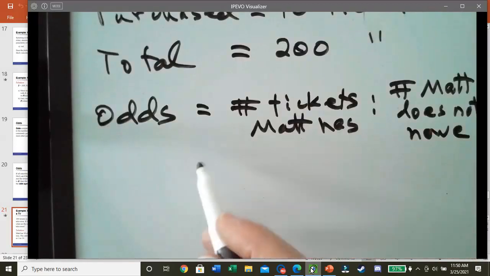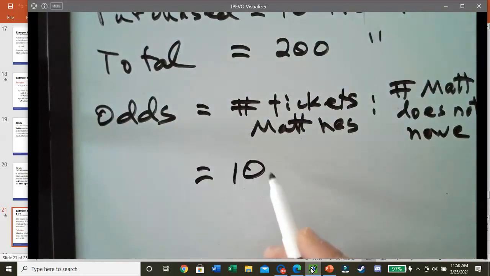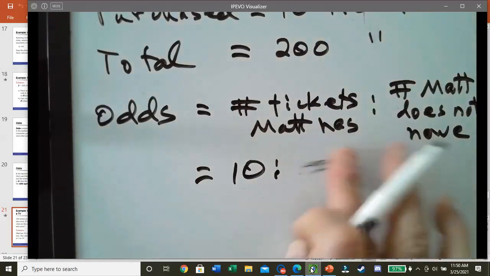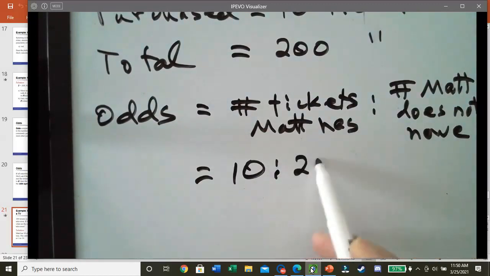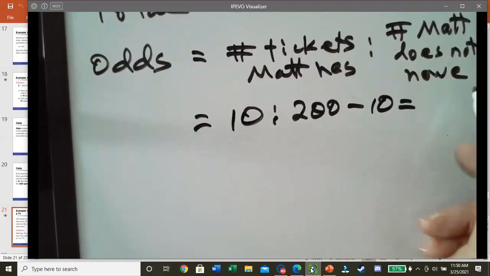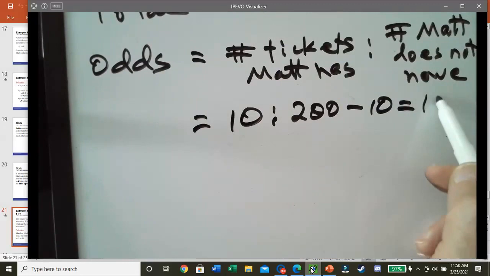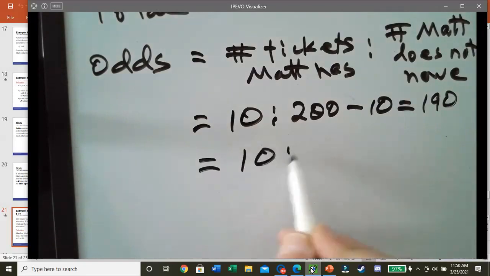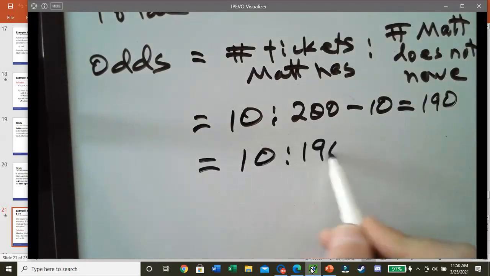So Matt has 10 tickets, right? To find what Matt does not have, we take the total, 200 minus 10, and that would be 190 altogether. So the odds would be 10 to 190.